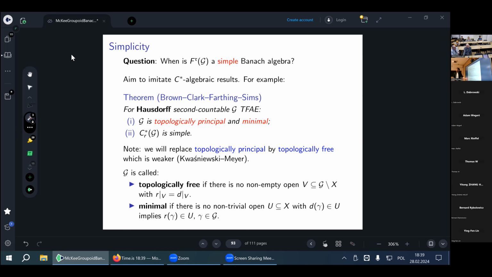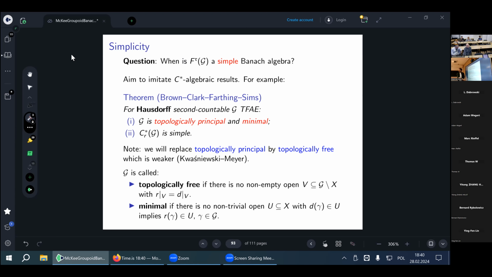This is okay. So the idea behind these proofs is the same. If my groupoid is topologically free, then an ideal of this thing, for example, has to contain an element that lives on the unit space. And then minimal says if there's a non-zero element supported on the unit space, then the ideal it generates is the whole thing.